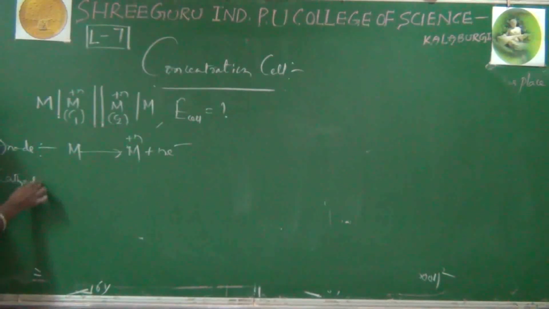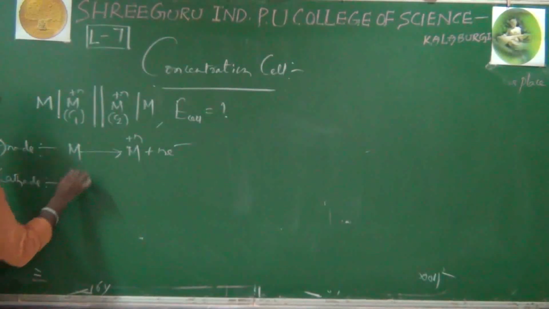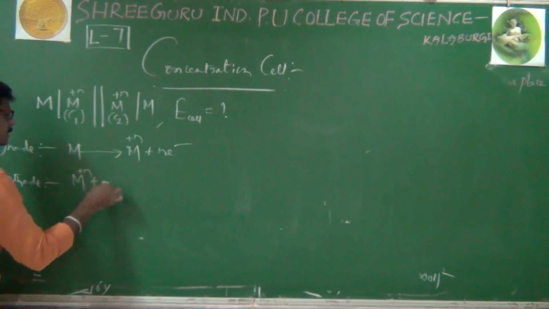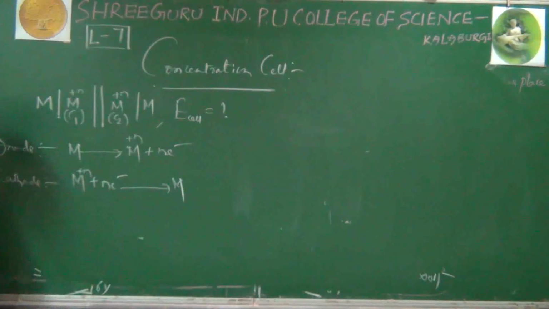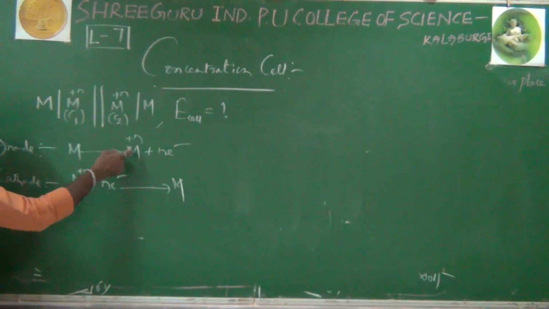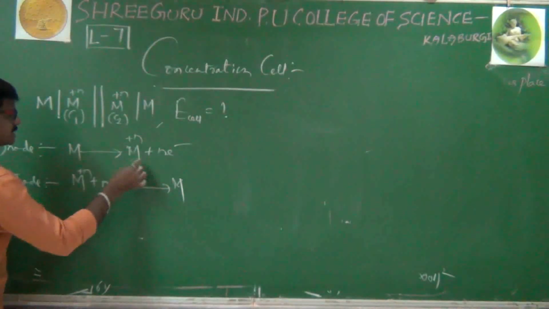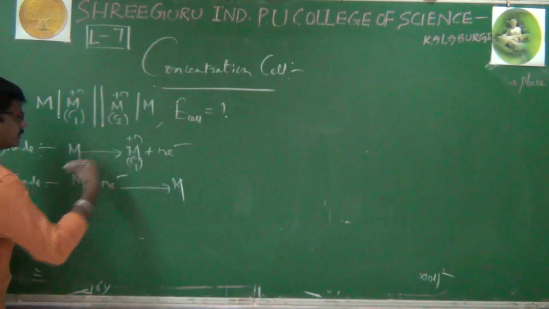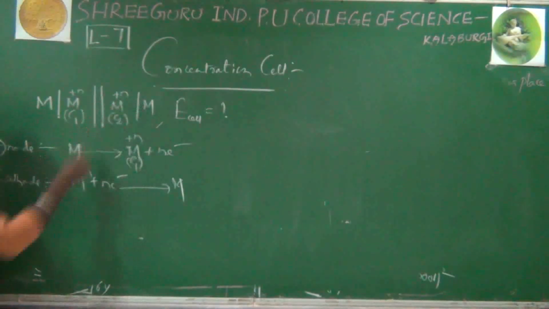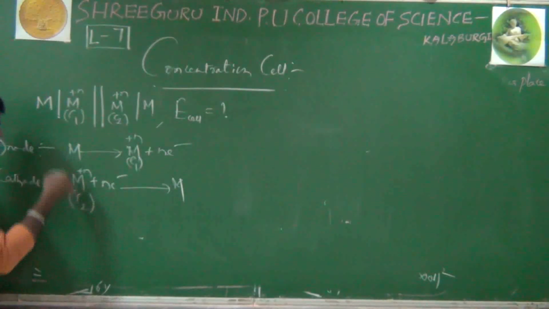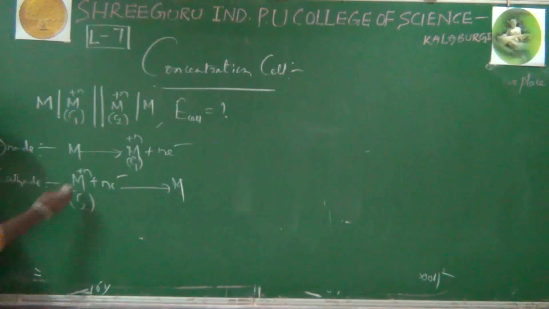Cathode: same metal ion, that metal ion by gaining n electrons converted to metal. But here M^n+, its concentration is C1 in oxidation. In the reduction, whatever the concentration is there, that is C2. Both concentrations are different. That is very important.